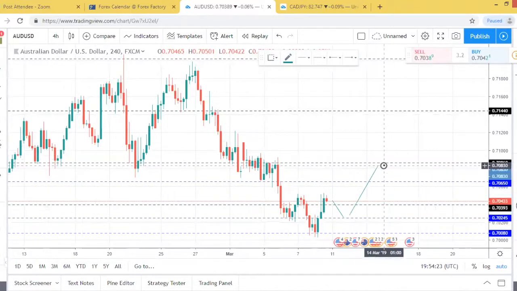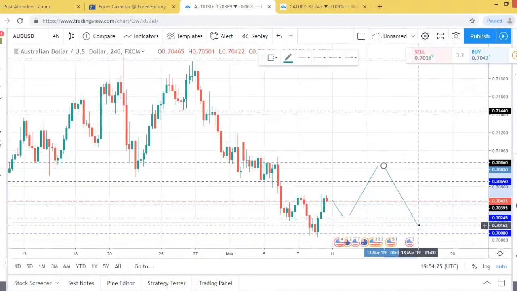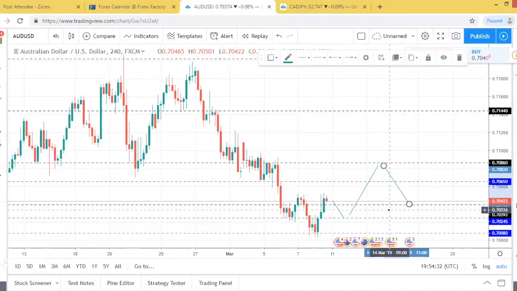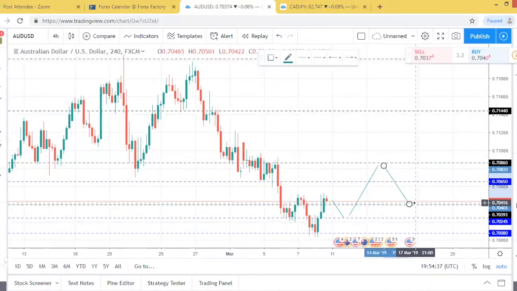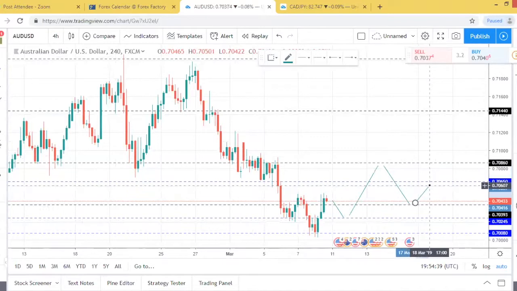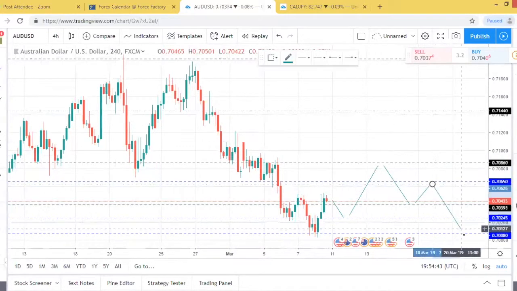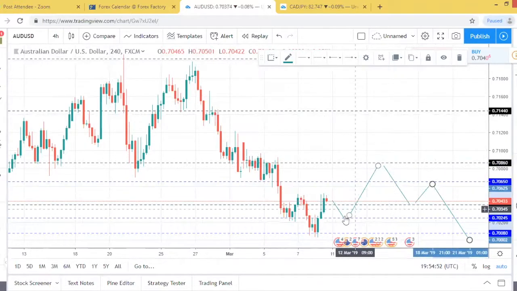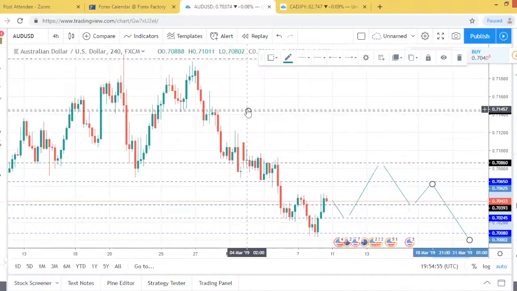And then for the sellers to come back into the market, ultimately for a retest of this level here. And then, guys, we might see something like this. This is what I would expect to see for the Aussie dollar moving into the week ahead. Something like this is what I would expect to see play out for the Aussie dollar.